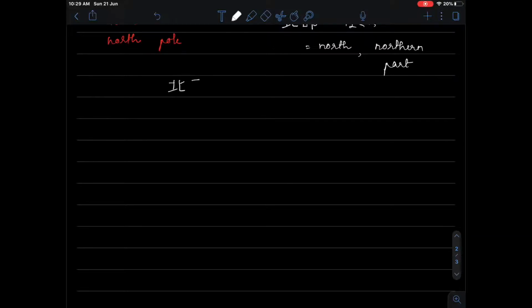This will be Hokuto. Hokuto, north and east, so it is northeast.